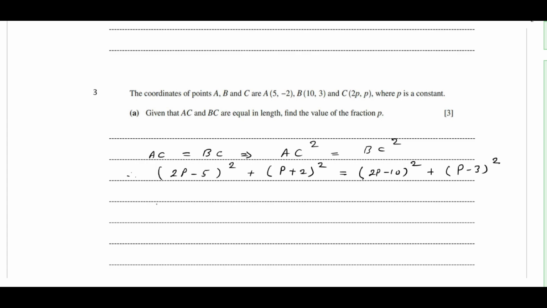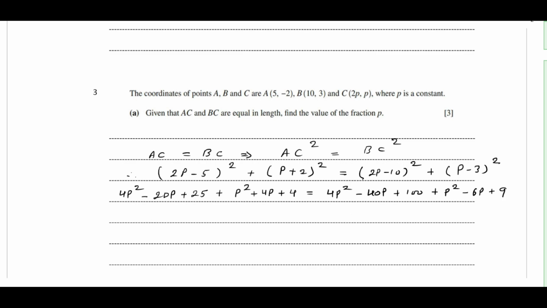Okay, so let us simplify. It is 4p square minus 20p plus 25 plus p square plus 4p plus 4 is equal to 4p square minus 40p plus 100 plus p square minus 6p plus 9.